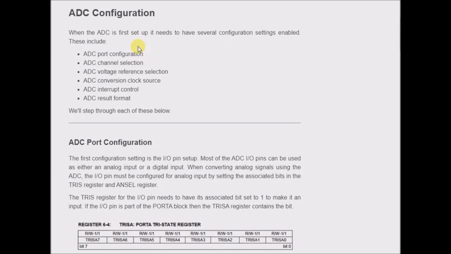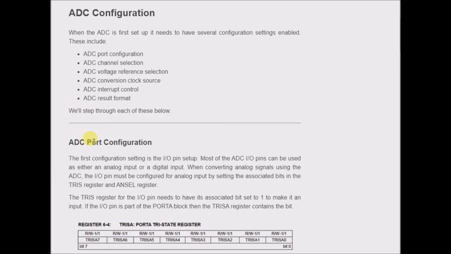When the ADC is first set up, it needs to have several configuration settings enabled. These include ADC port configuration, ADC channel selection, ADC voltage reference selection, ADC conversion clock source, ADC interrupt control, ADC result format. We'll step through each of these below.